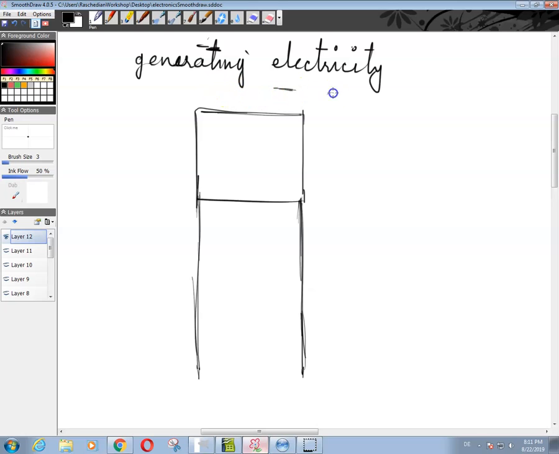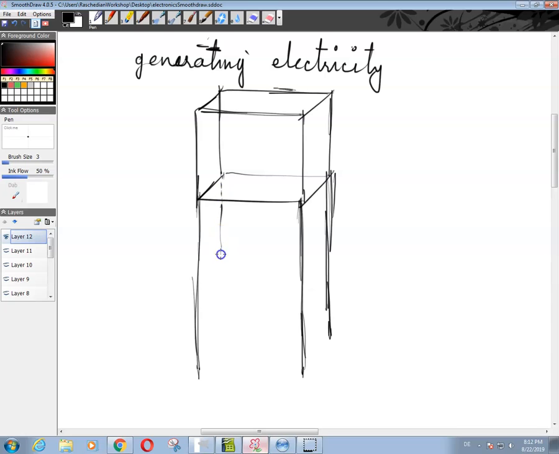Suppose that it's a cube, for example, and in this cube there is water.